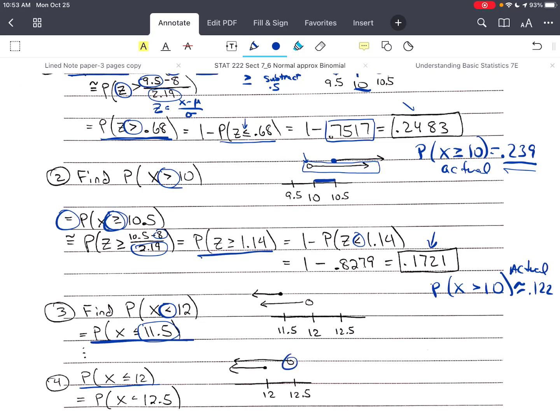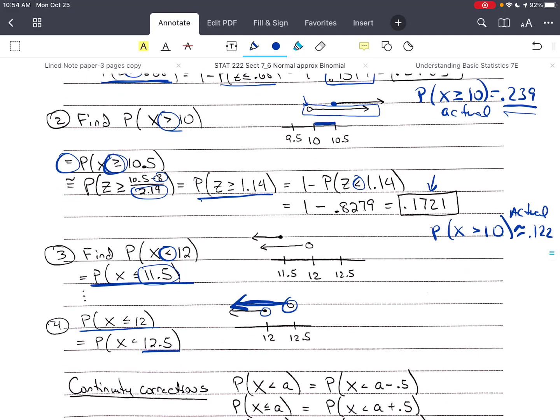So I have to add 0.5 to this because I need to include 12, and I have to move a half away. Which way do I move? I need to move above it so that I include the probability of 12.